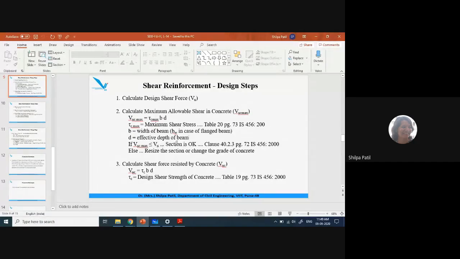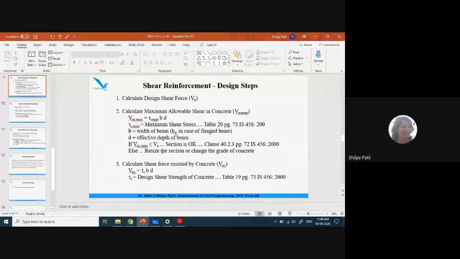That is the important step in the design. When the problems are given directly to find out only the design of shear reinforcement, then this step you can skip, because obviously the size of the section and the grade of the concrete will be given, so that your VUC max will come lesser than VU always.